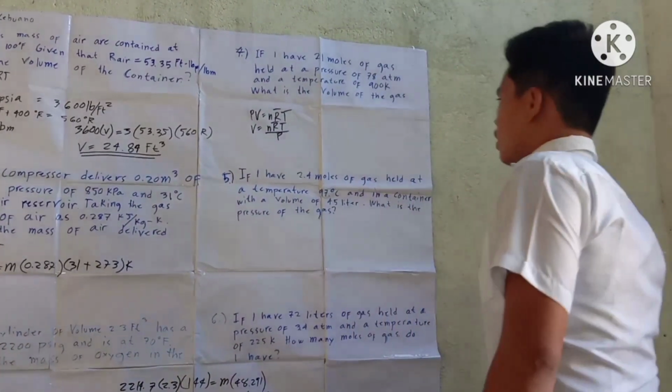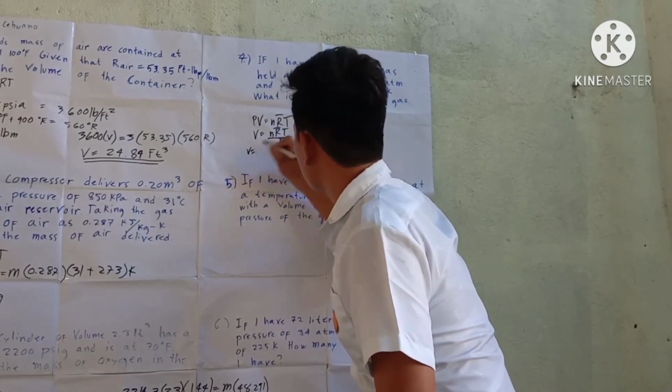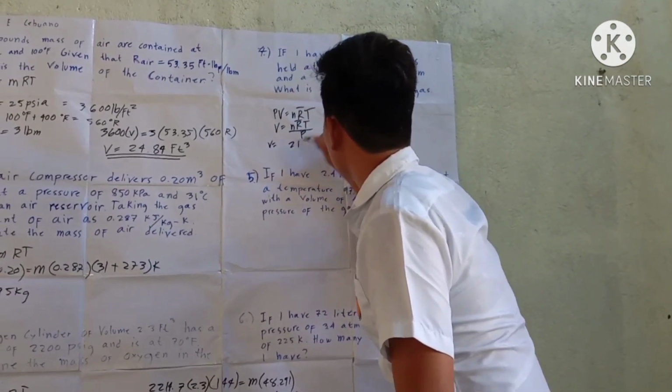So since the number of moles is given, n equals 21 mole.